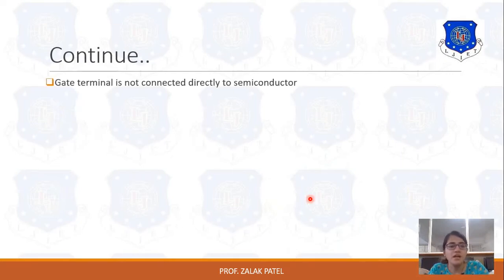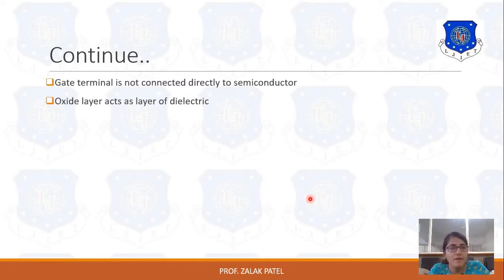Next, as you see in the last figure, the gate terminal is not in direct connection with the semiconductor. Because of this, there is an oxide layer, the SiO2 layer, which acts as a dielectric, and this affects the permittivity epsilon of the dielectric. Epsilon is directly proportional to the capacitance of the material.